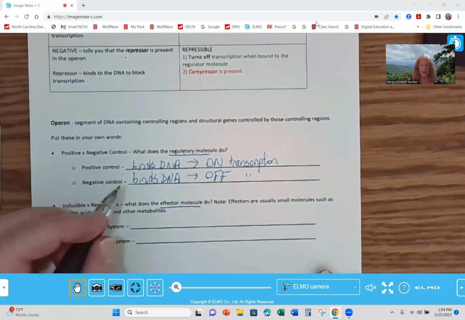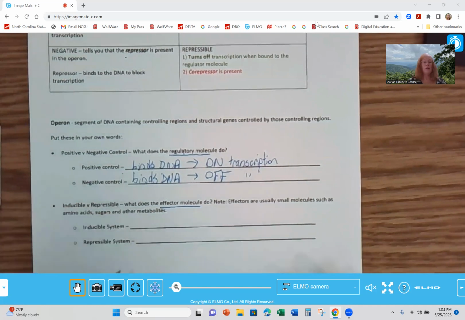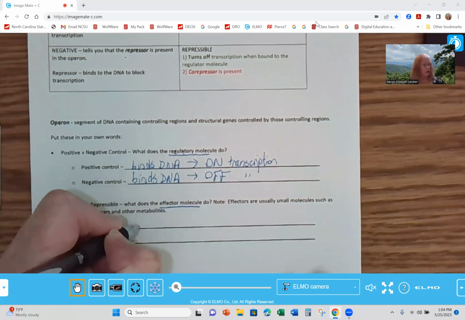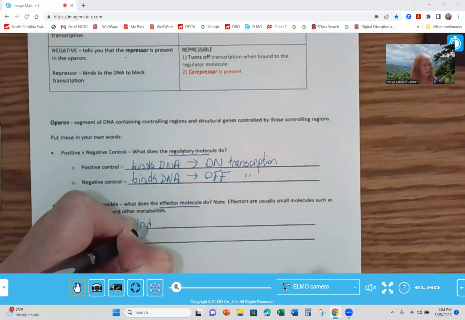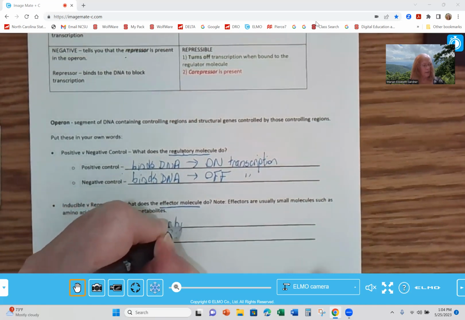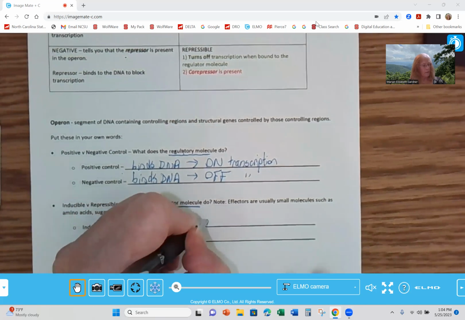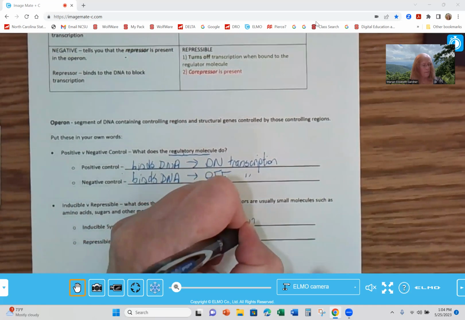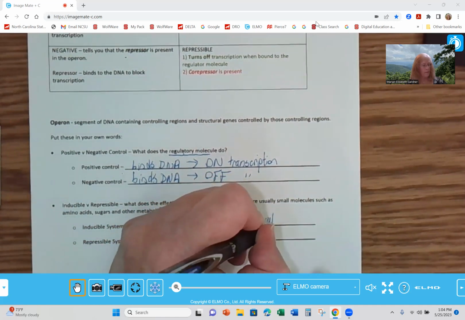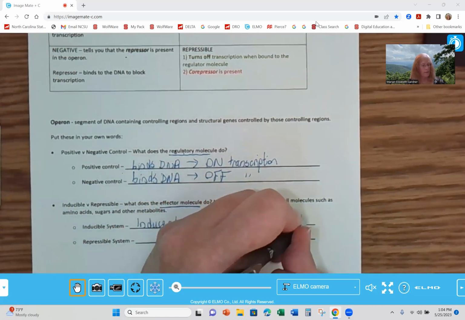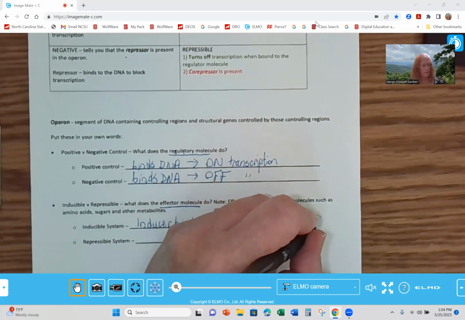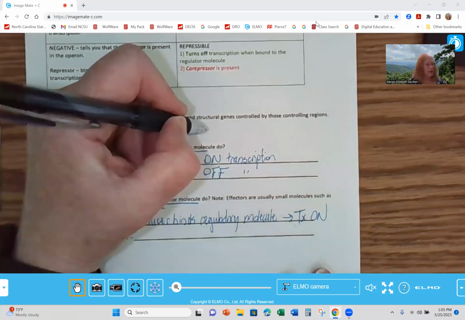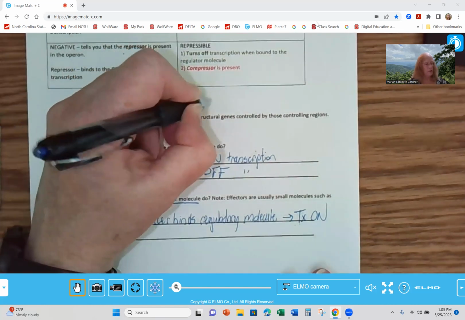And in an inducible system, when the inducer binds to the regulatory molecule, it turns on. So inducer turns on transcription. I use TX as my abbreviation for transcription.